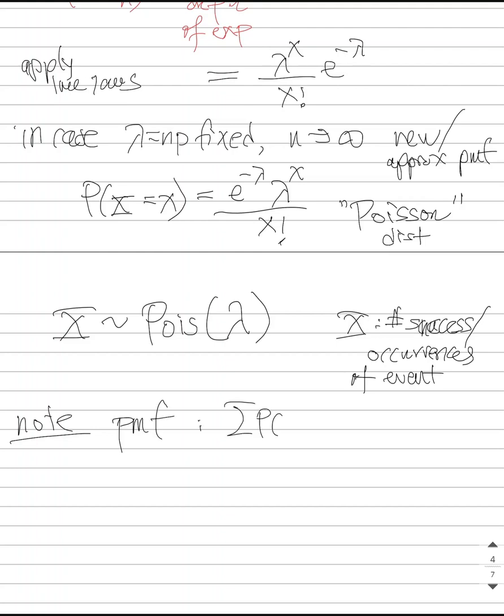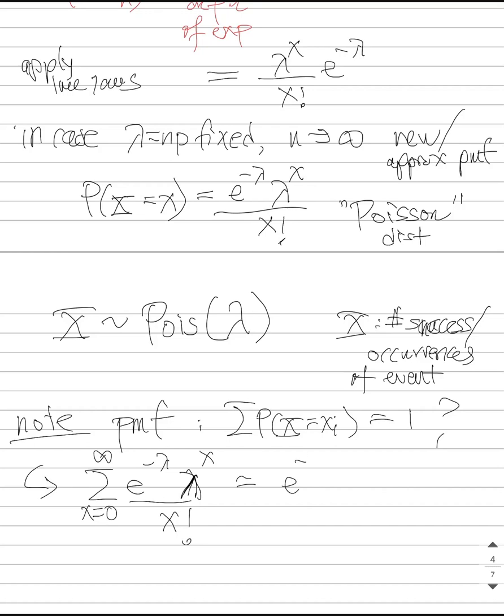Now, if this really is a mass function, this should equal 1. And so what you would do is you'd then take a sum and say, okay, well, x is the number of occurrences of a rare event. Does this thing sum up to 1? And what this turns out to be is actually an infinite sum. e to the minus lambda, sum from x equals 0 to infinity, lambda to the x over x factorial.